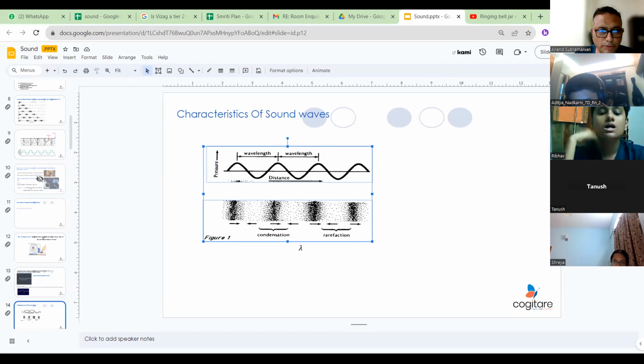I'm sharing my OneNote now. Can you confirm if you're able to see this, guys?